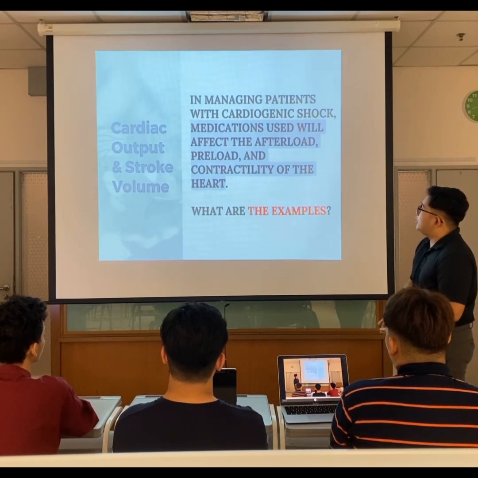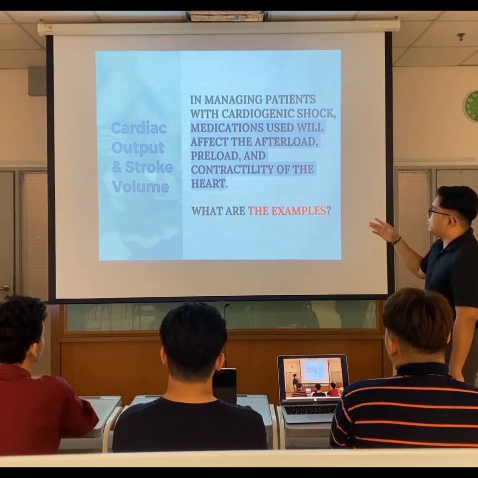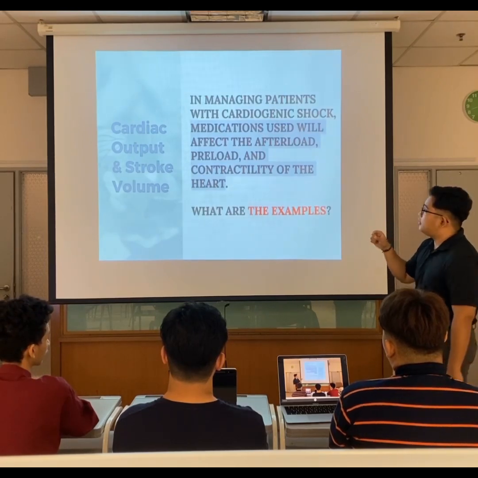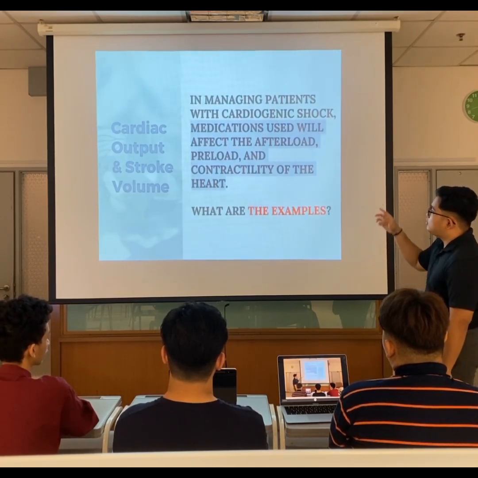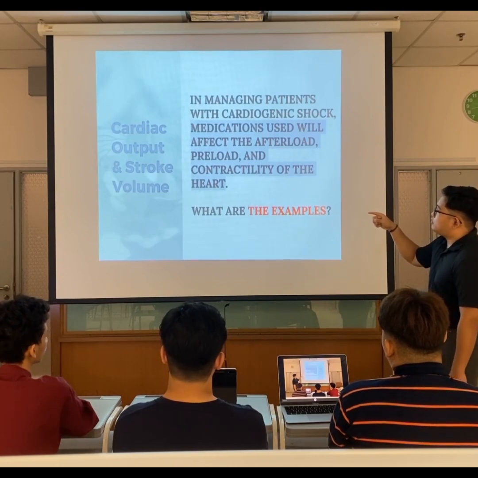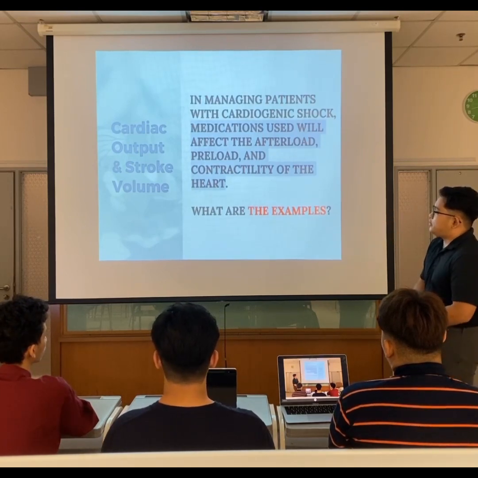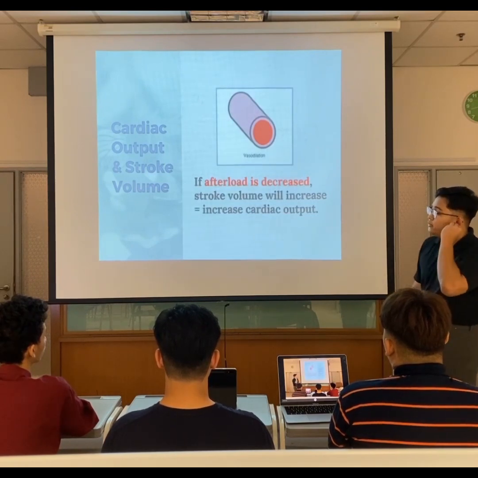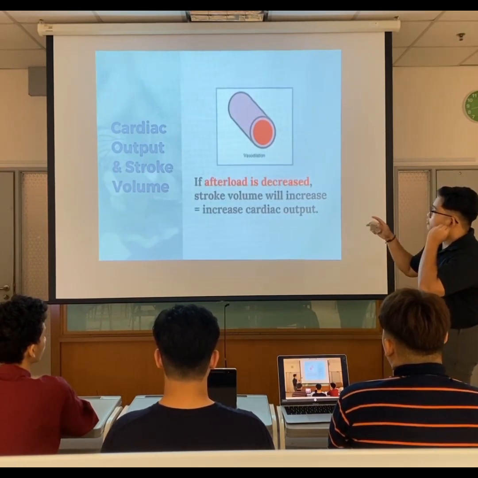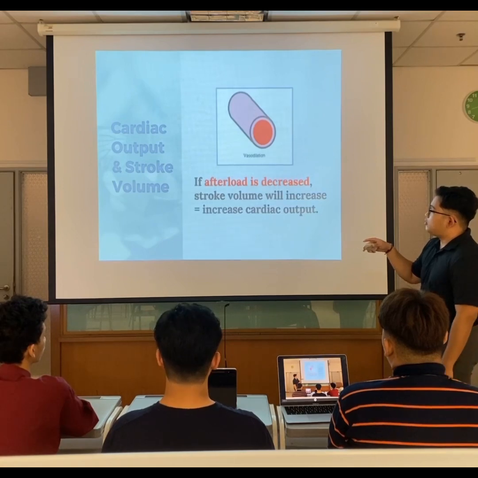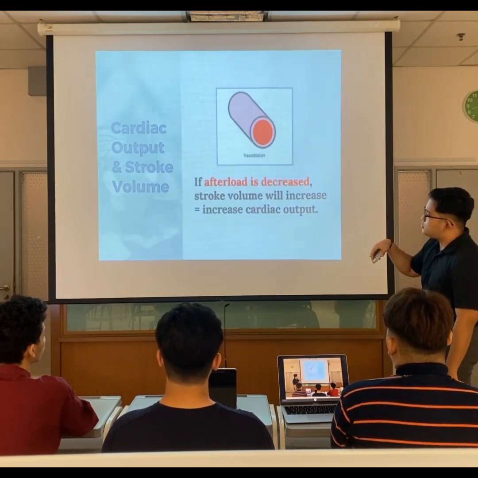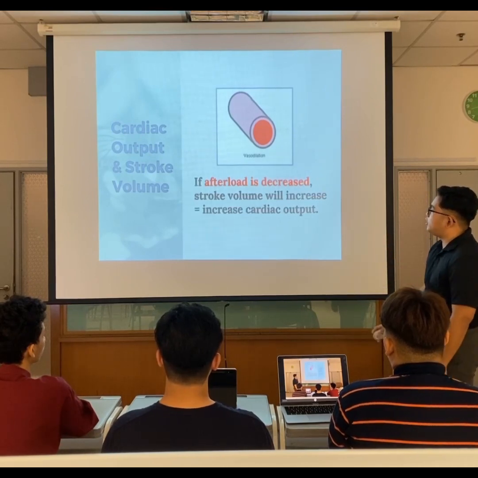In managing patients with cardiogenic shock, medications will be used, and they will affect the three variables that I said earlier, which are afterload, preload, and contractility of the heart. So what are the examples? Okay, so firstly, vasodilators will affect the afterload, causing the afterload to decrease, which will lead to the stroke volume increasing the cardiac output.